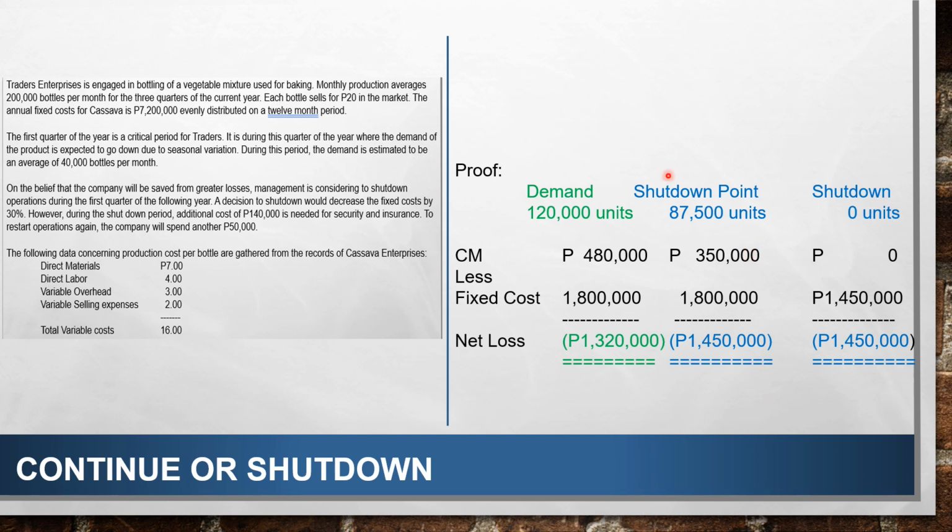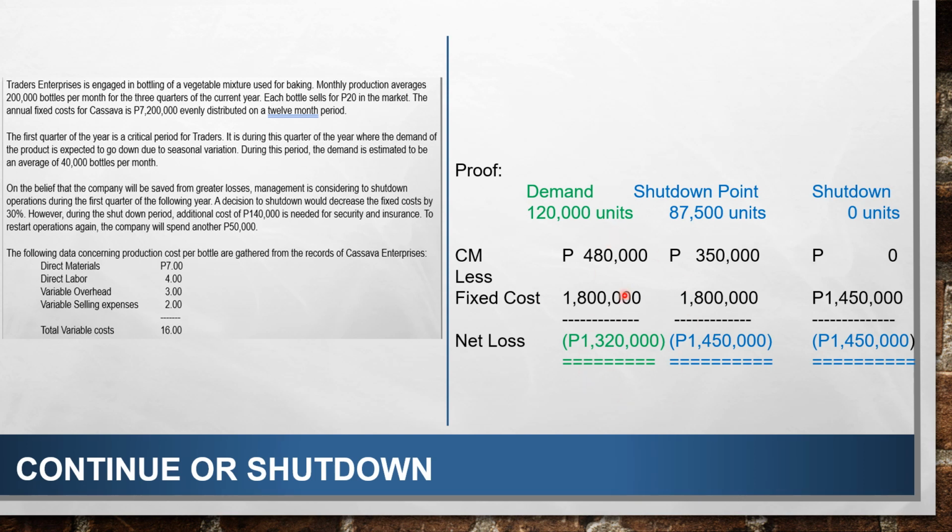Okay, so let's look. What if we have a demand of 120,000? Is it better? So if we have a demand of 120,000 units, multiply that by the contribution margin, so we will get 480,000 contribution margin, less the fixed cost. Under normal operations, we have 1,800,000. So therefore, we have a net loss of 1,320,000.